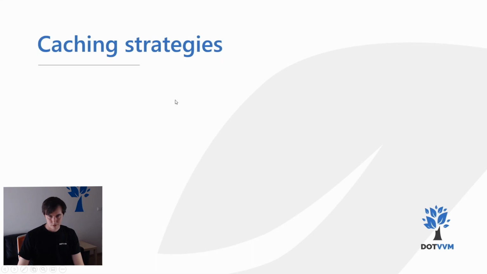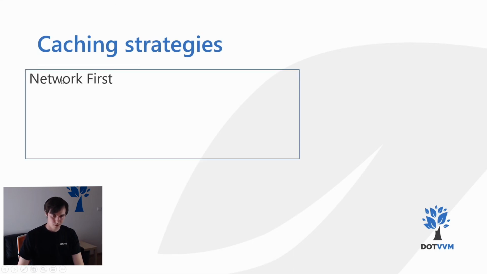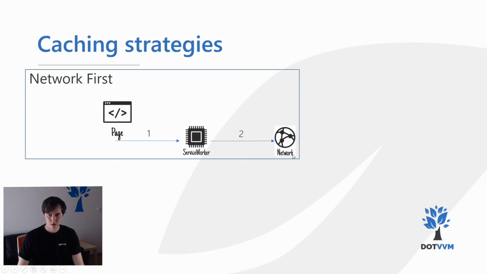Let's take a look at some more advanced strategies. Network first strategy, as it suggests, sends a request to the service worker and it tries to do a request to the server. So network first, it goes over the network and it does the request. But the server is not found.